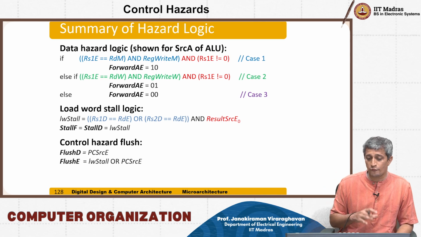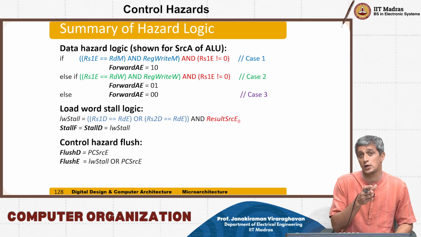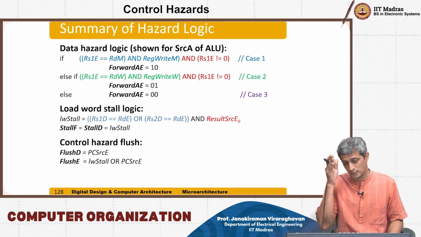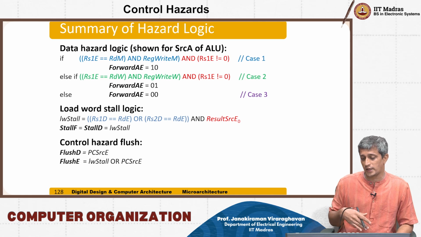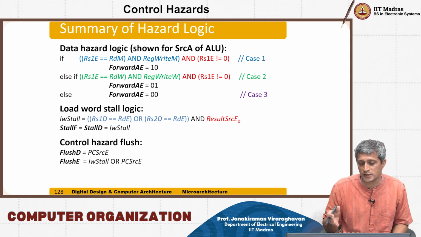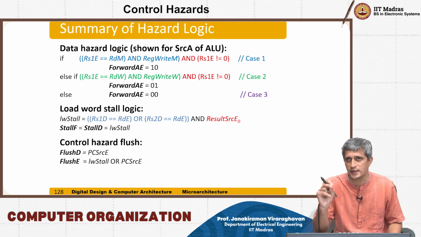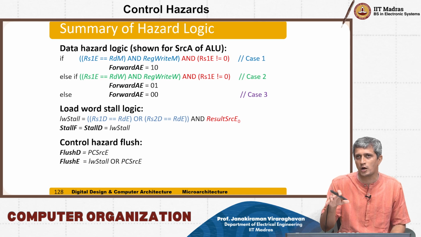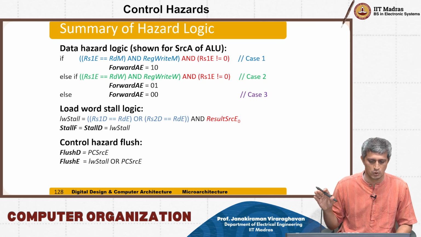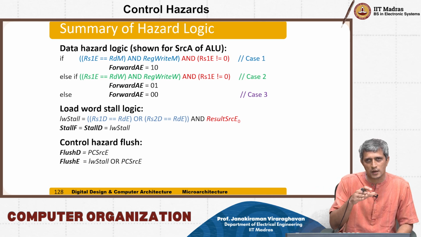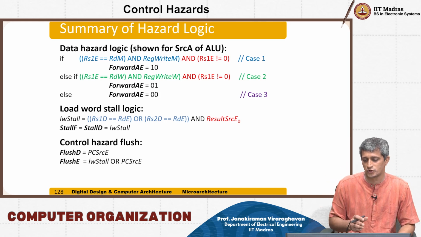If the source RS1 register in the execute unit is equal to the destination register of the data memory stage, and RegWriteM is equal to 1, of course, and RS1E is not equal to 0, that is, you are not trying to write back to the 0 register, then ForwardAE equals 10. So it is selecting a path so that you are able to forward from one of those registers.